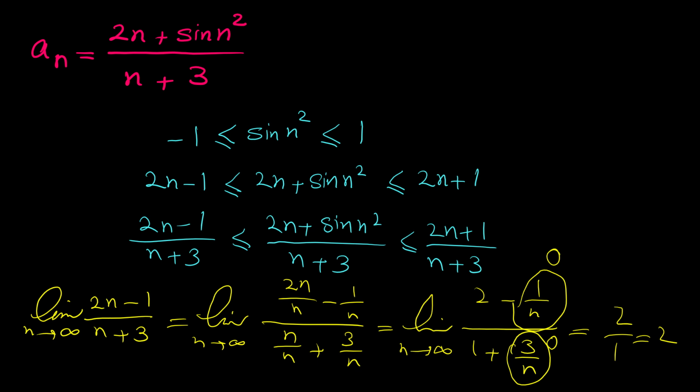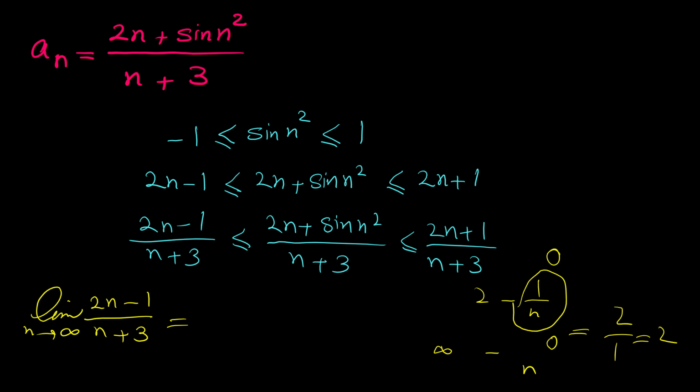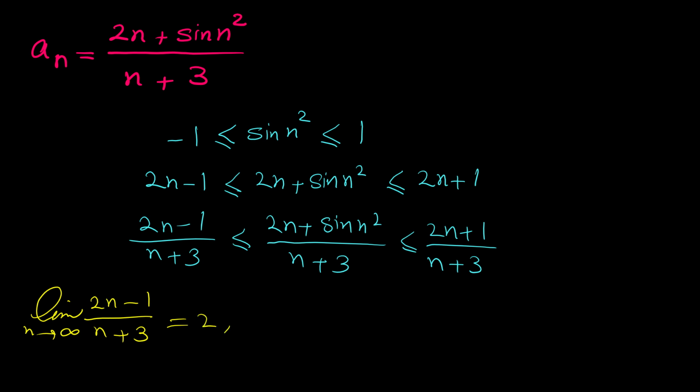So I showed you several methods for finding the limit of the left side. And in all those methods, the limit is 2. So the limit of this is 2. What about the limit of the other side? It is also 2 in a similar way. This limit is also 2.